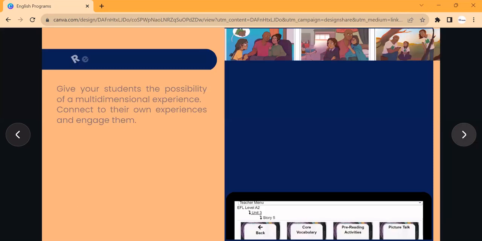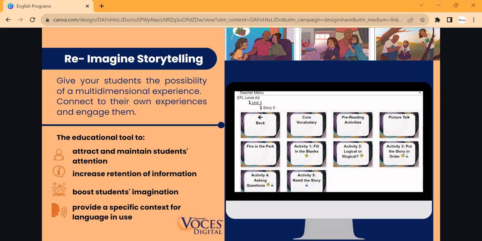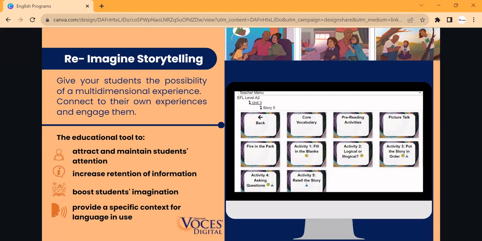You will see here a typical story, and on the top some of the illustrations for the stories. Like I said before, we start each story with the core vocabulary. We have our vocabulary lists, but we also have slideshows that incorporate new expressions. Then students put those into practice in the pre-reading activities.